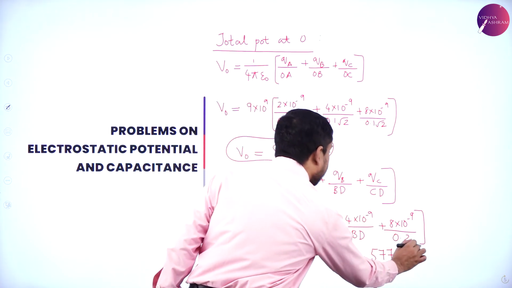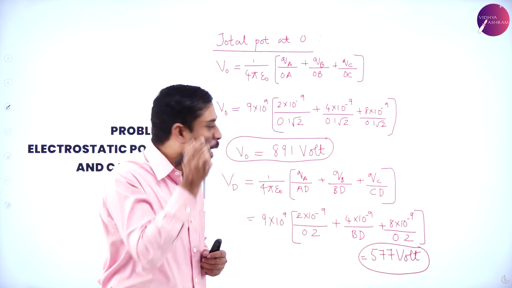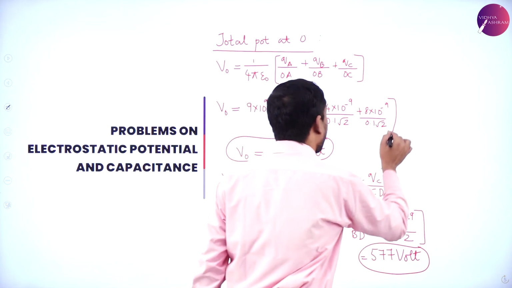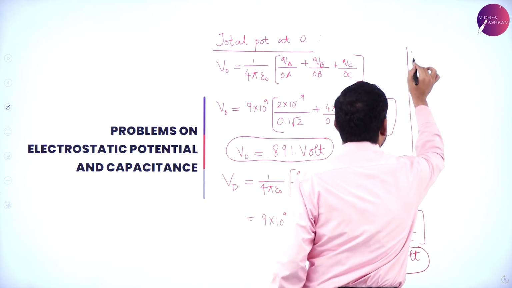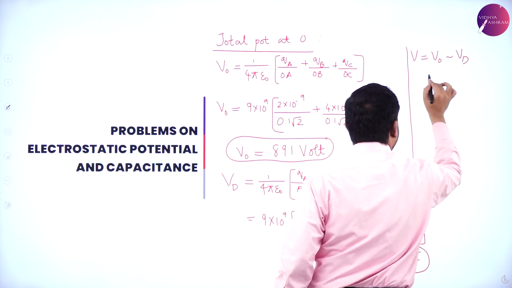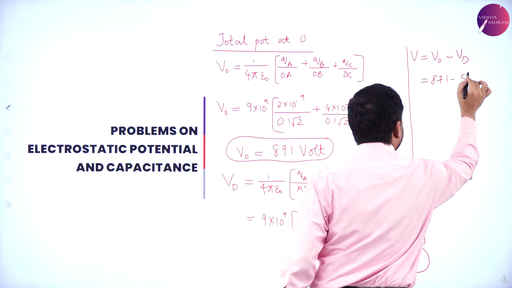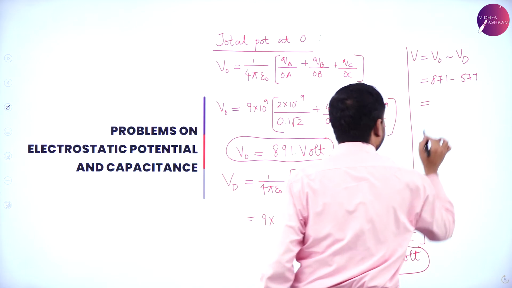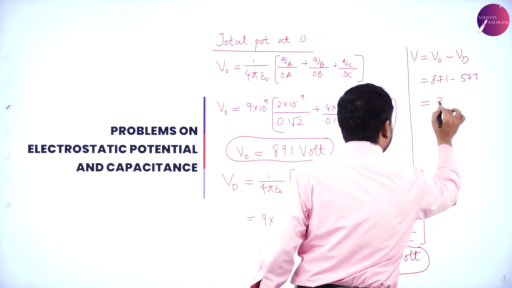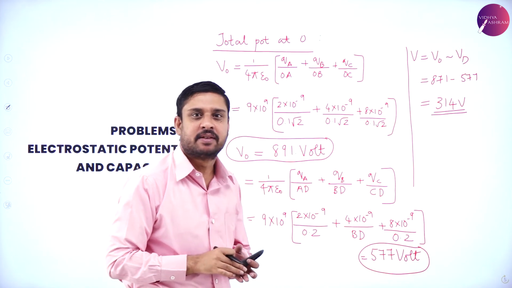So I have calculated the potential at O. I have calculated the potential at D. Now I will calculate the potential difference, that is V equals V naught minus VD, 871 minus 577, which is nearly equal to 314 volts. So this is the potential difference.